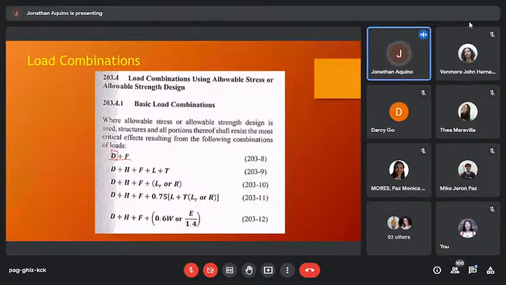Then the second load combination is dead load, hydrostatic pressure, fluid pressure, live load, and temperature.